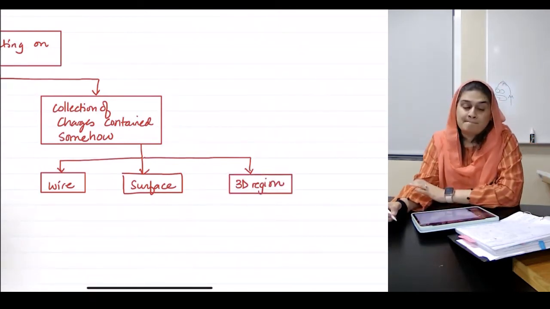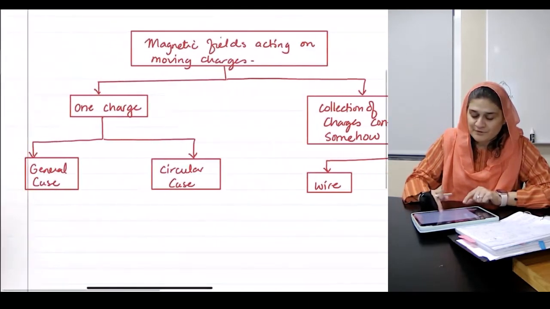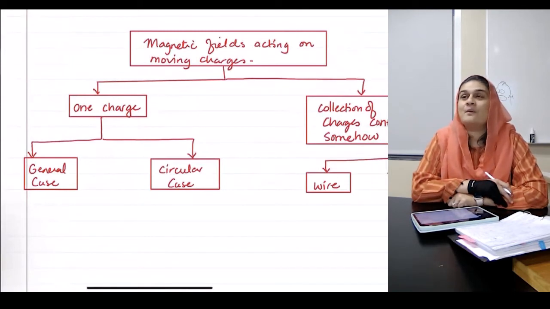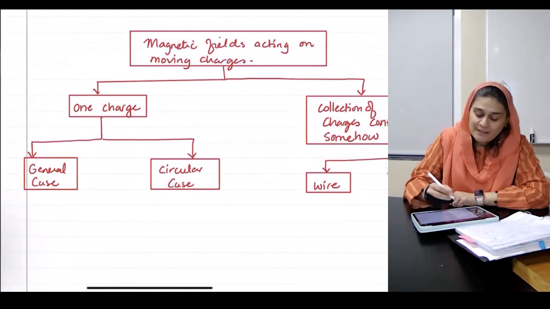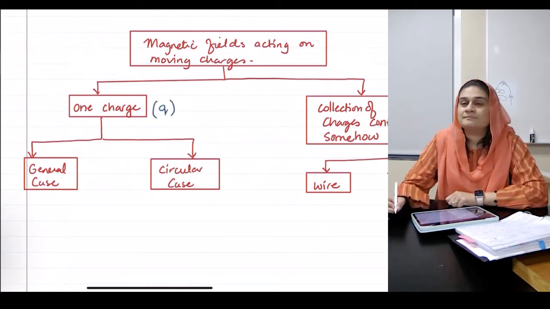Okay, so moving back to the first case. Suppose you have one charge, and I'm going to call that charge Q, and that's just moving in a B field.